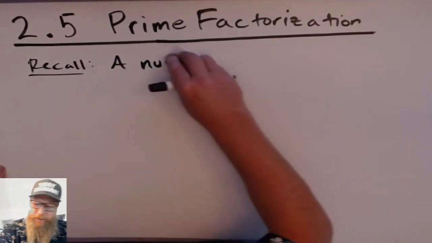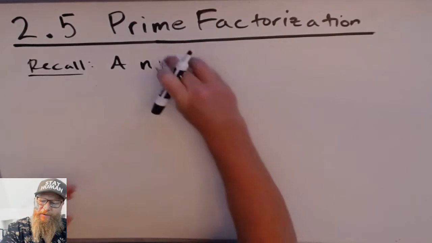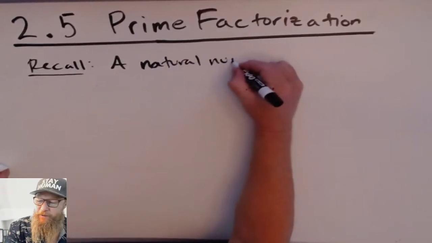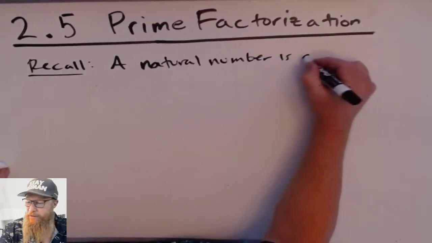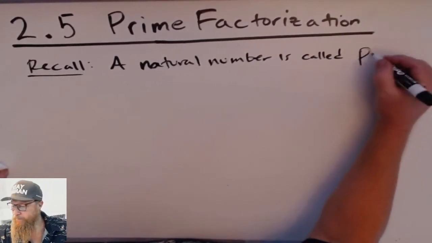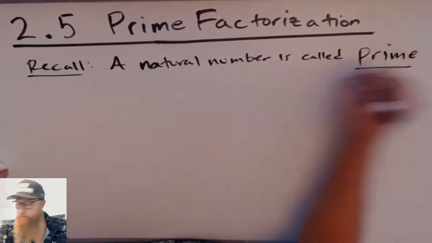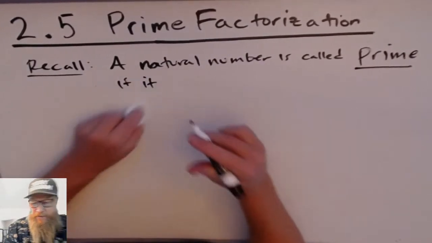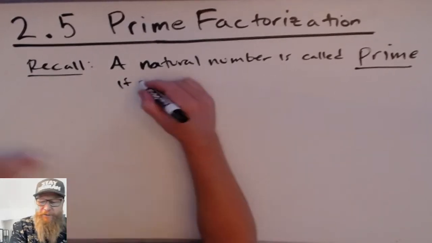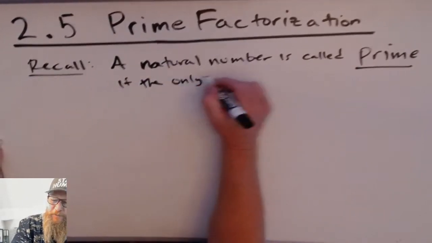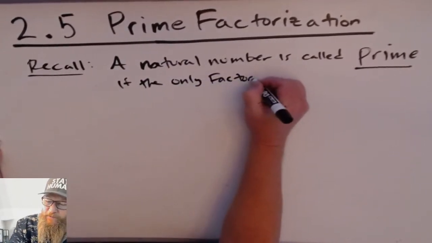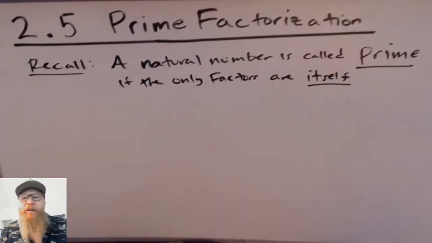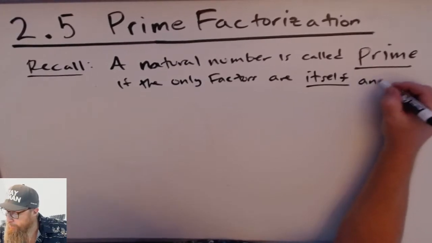A natural number, or a counting number, is called prime if the only factors are itself, whatever itself is, and 1.